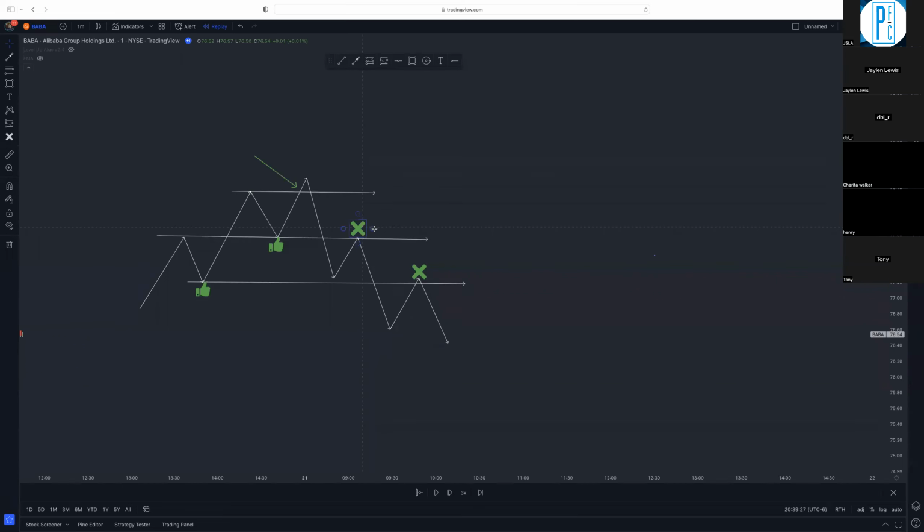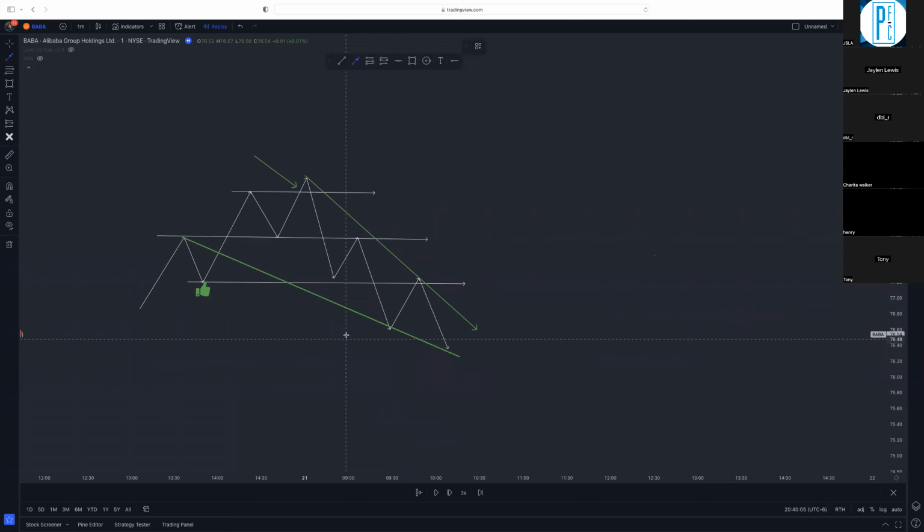Okay. Then you can also use these same things with patterns, and we're going to go more into it, but let's throw some patterns with it. Here we go. You might have a low right there, and then we have a low right here.